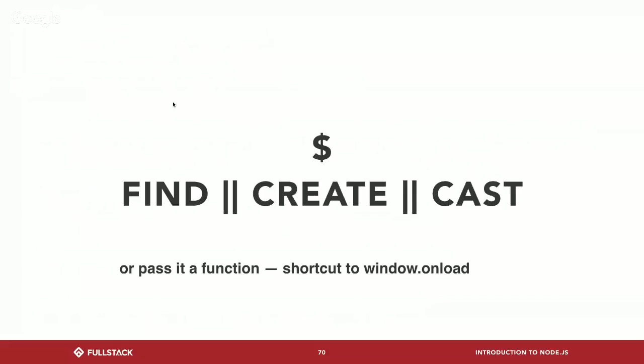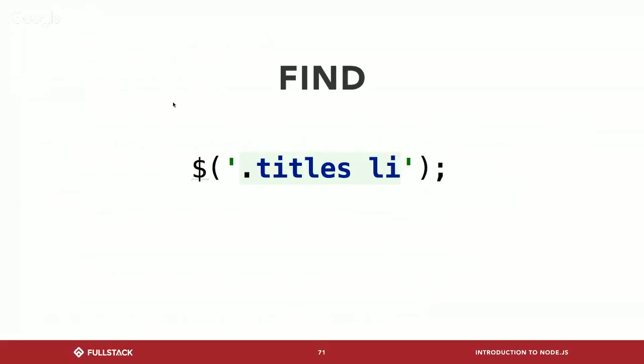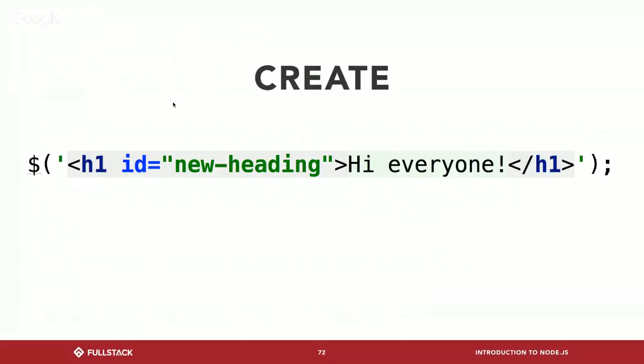So we've done some of these already where we could use selectors, we pass it a string, and we end up getting back a wrapped set. Another way that we could do this is if we pass it a string with HTML. There's some sniffing that goes on within the jQuery library that says, did you pass me an HTML fragment?